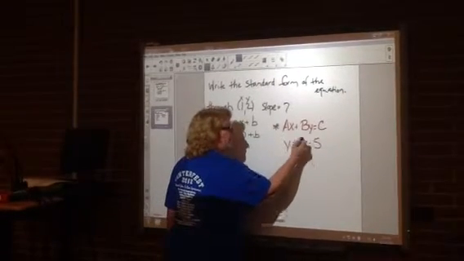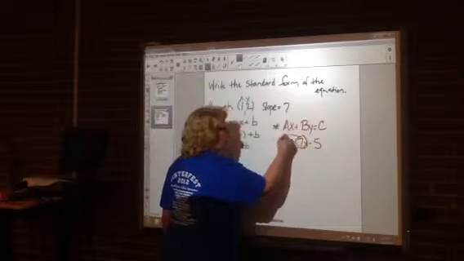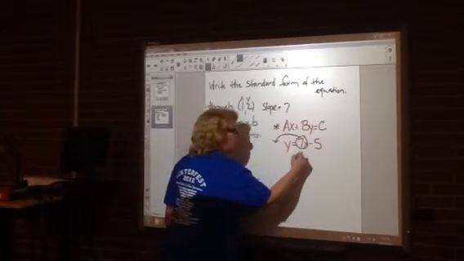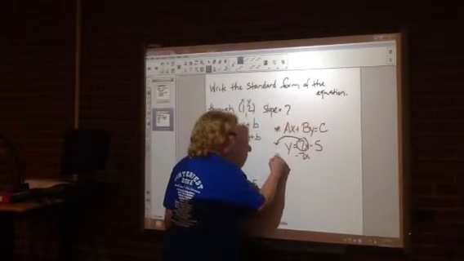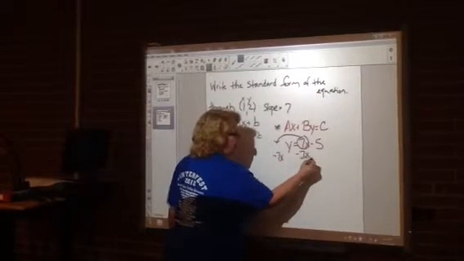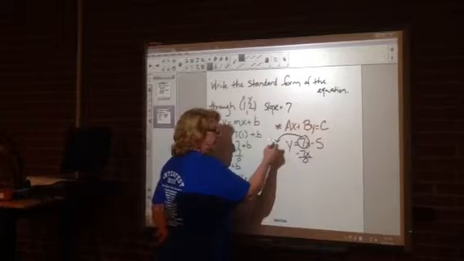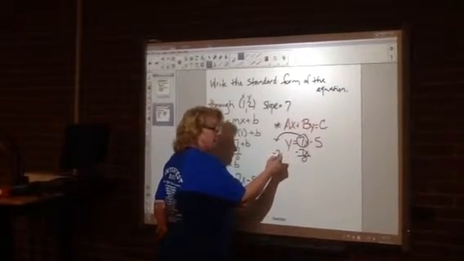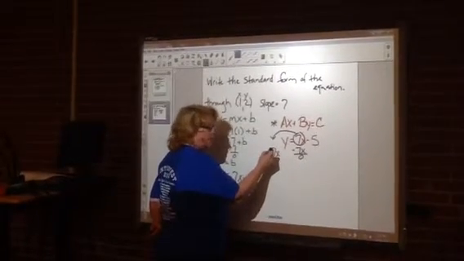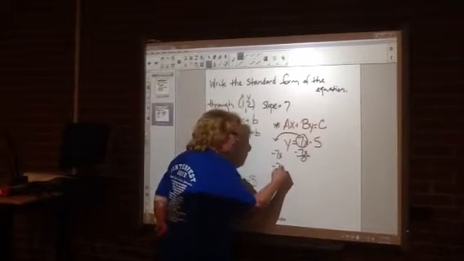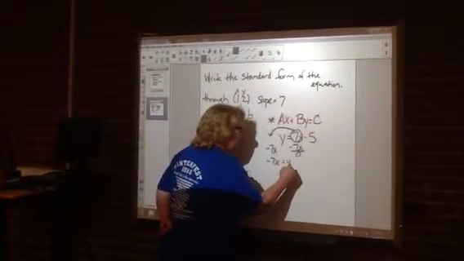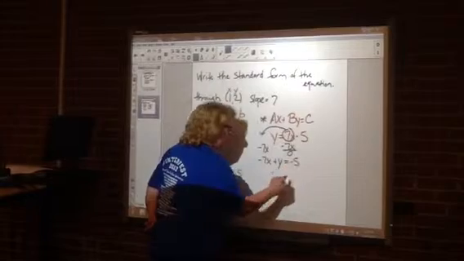We're going to take this x and move it over here. We're going to subtract 7x from both sides. 7x minus 7x gives me 0. These two are not like terms, so you would just write it over here to the side. So you would have negative 7x plus y equals negative 5.